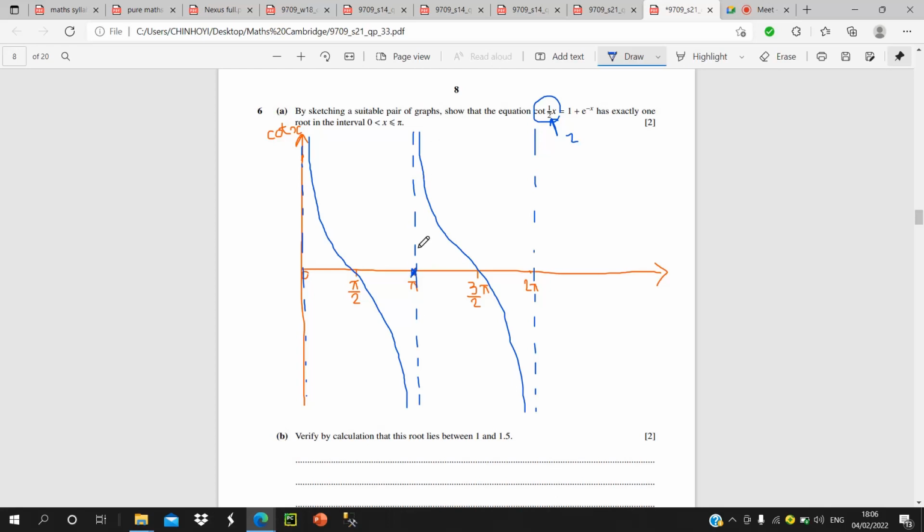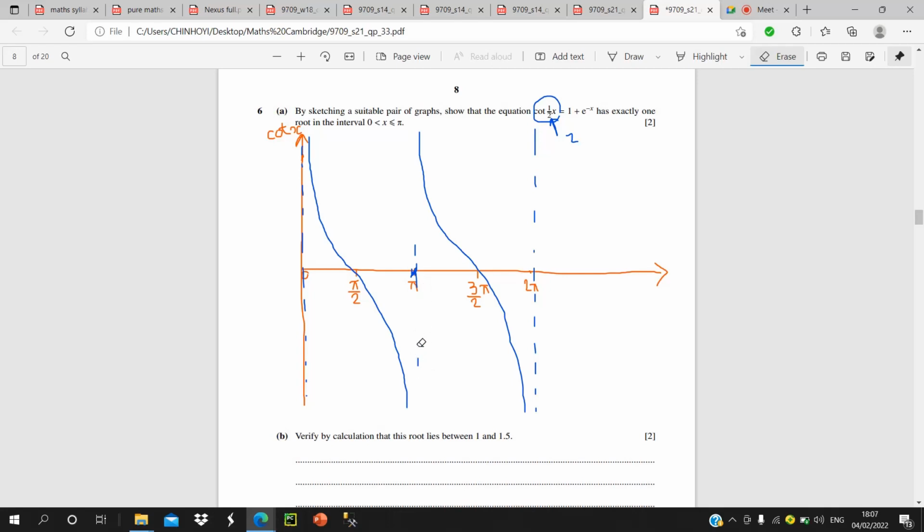And we will be removing this asymptote. I'm now removing this asymptote. And where is the asymptote going to?